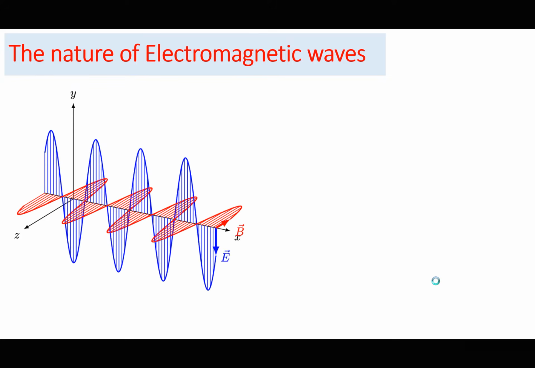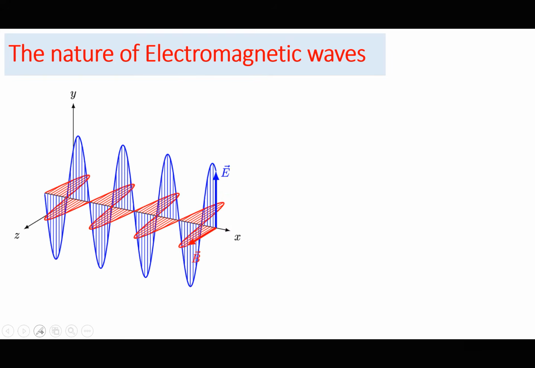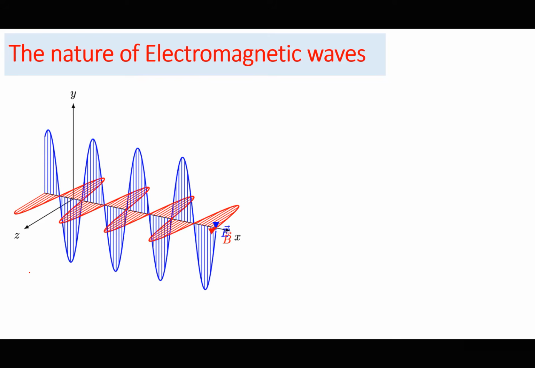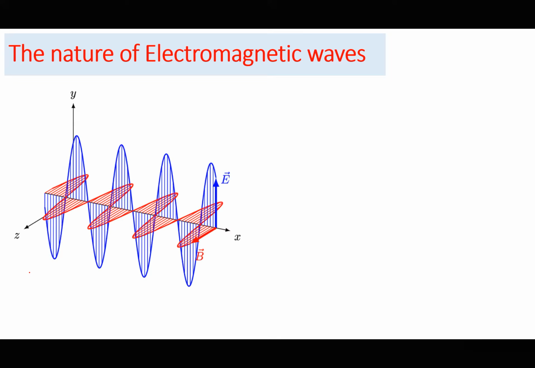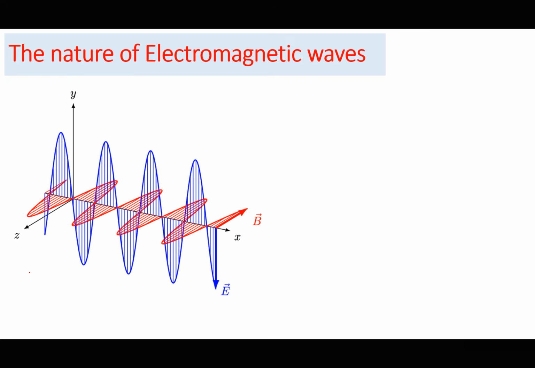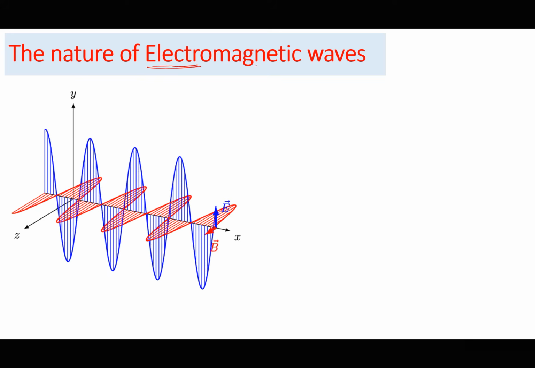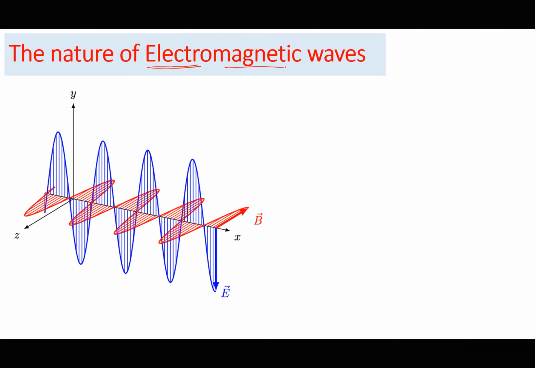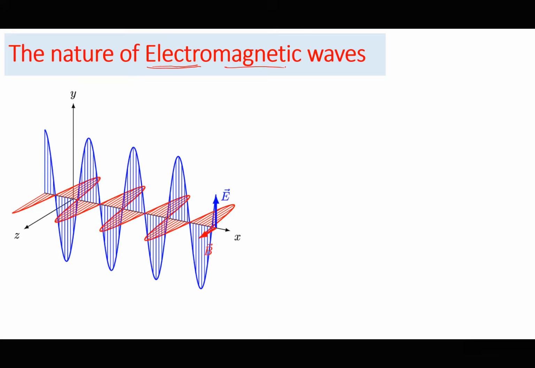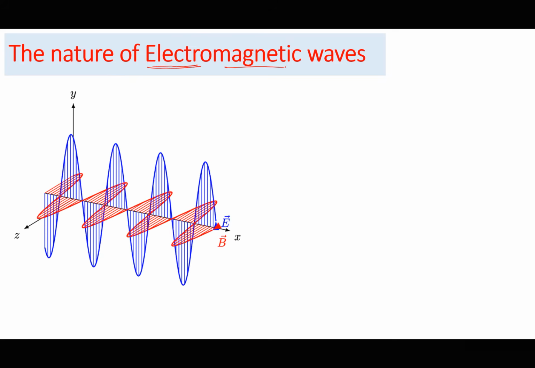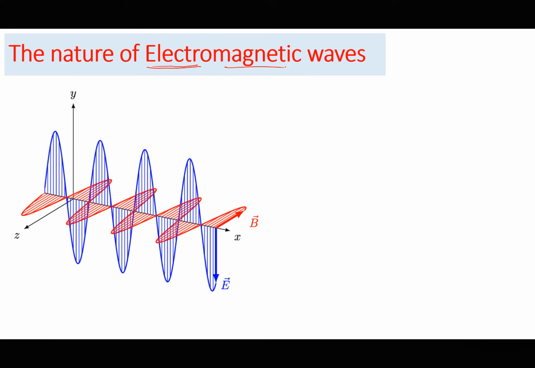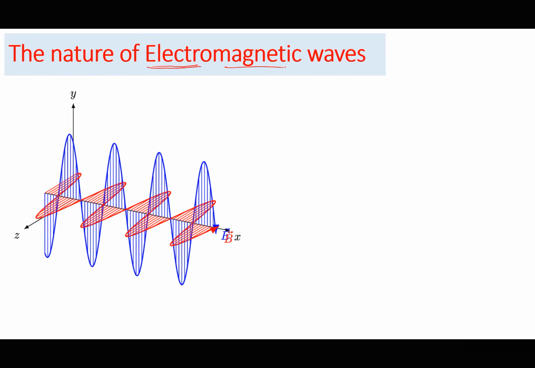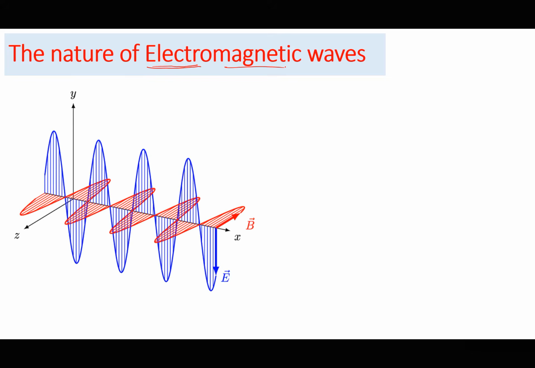This animation is demonstrating electromagnetic waves. The electric field and the magnetic field are always at right angles to each other, and they propagate through space or a vacuum perpendicular to the direction of propagation of the wave.